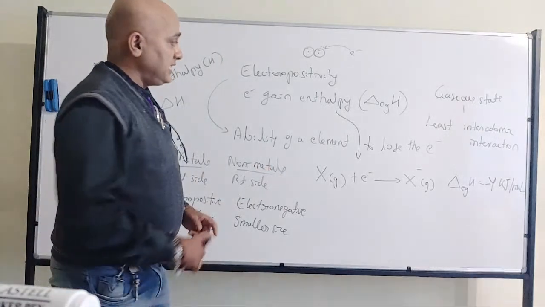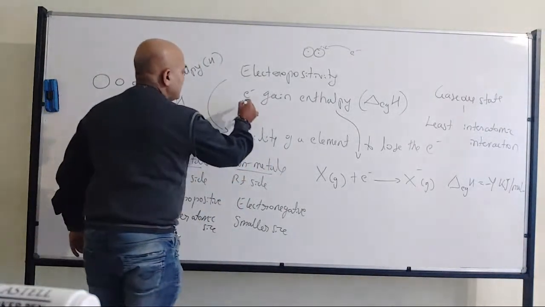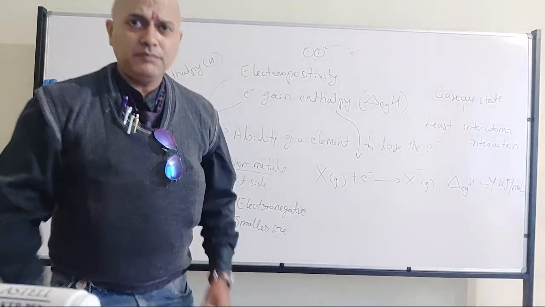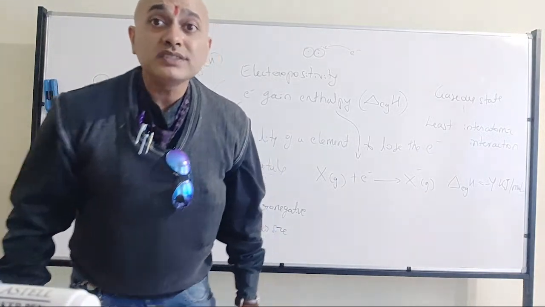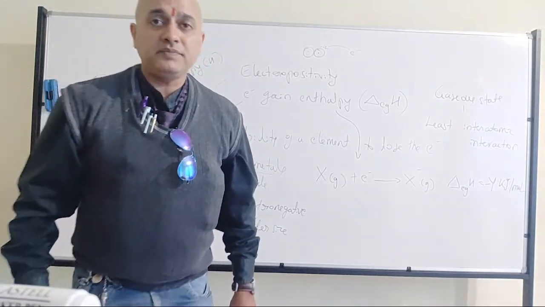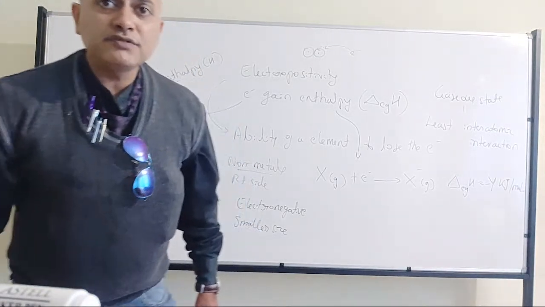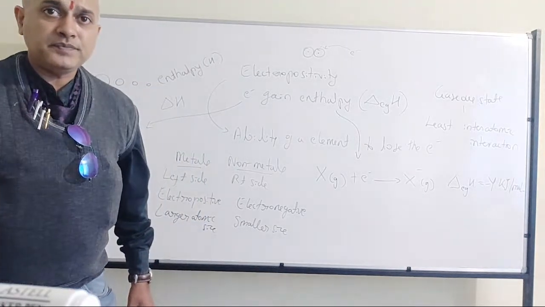So naturally, in the periodic table, when it comes to electron gain enthalpy, can anyone tell me which elements can have positive electron gain enthalpy? Which are those elements which will have positive electron gain enthalpy value?